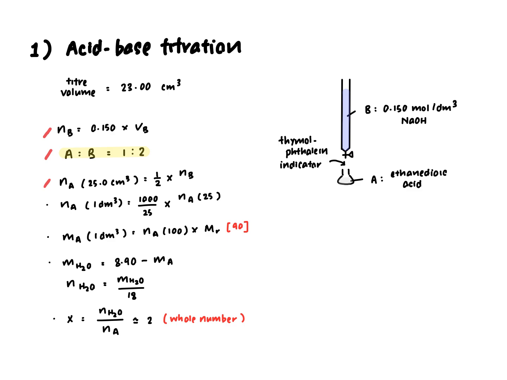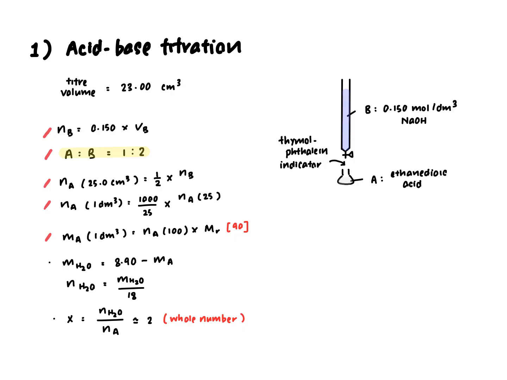Next, the question tells you to find the number of moles of your acid in 1 dm³ of solution. So all we need to do is to scale up, or to take 1000 over 25 times the number of moles of acid that we have found previously. And from there, we can multiply it by the molar mass to find the mass of acid.